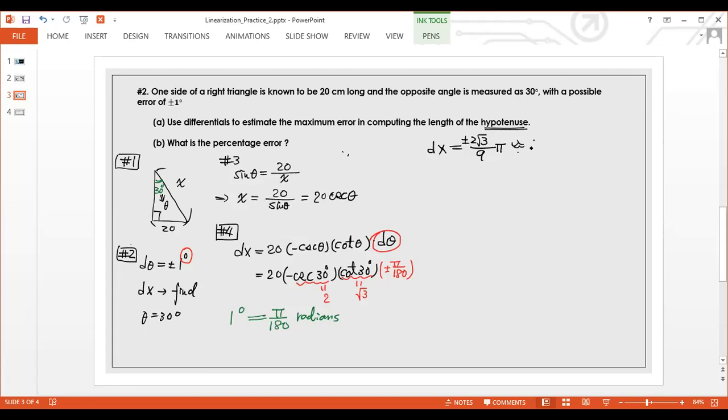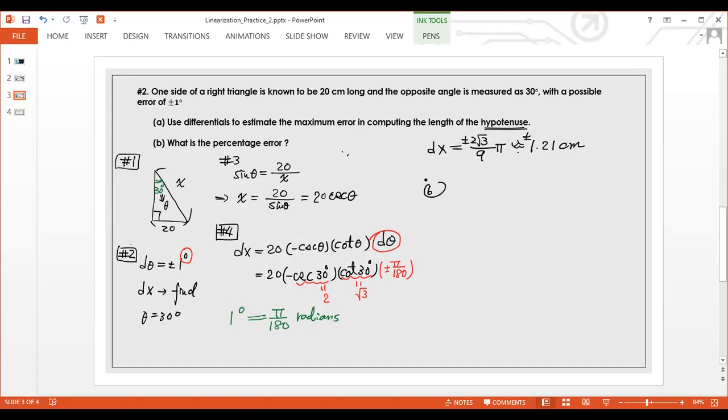So if you plug in a number, this will be 1.21 centimeters. Okay, so that means your real hypotenuse will be plus minus. So the real hypotenuse is what? Right, so here we know the maximum error when you measure is plus minus 1.21.